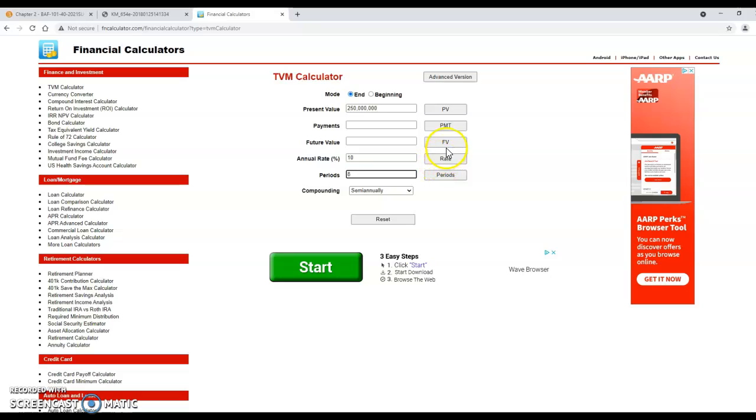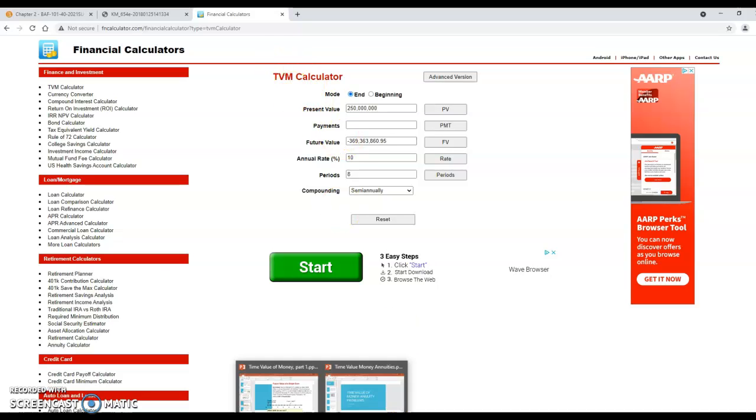So now we want to know the future value, so we hit the future value. We ignore the negative sign. We got 369,364,000 roughly.